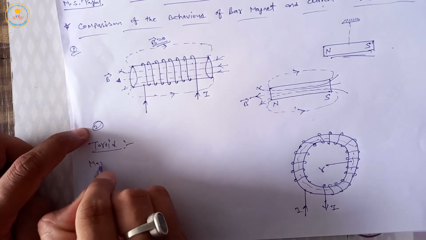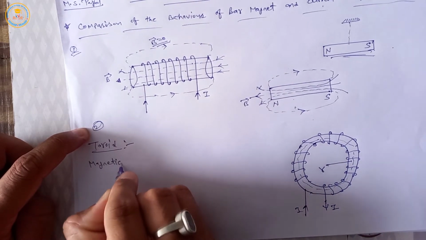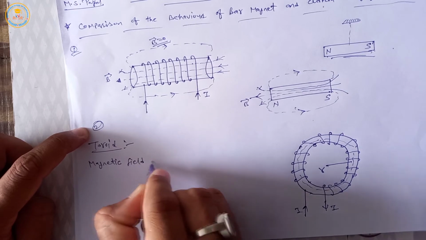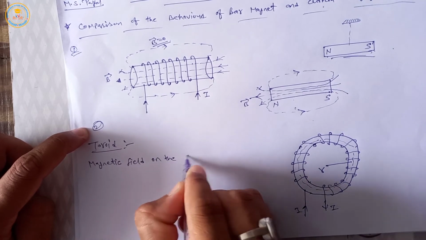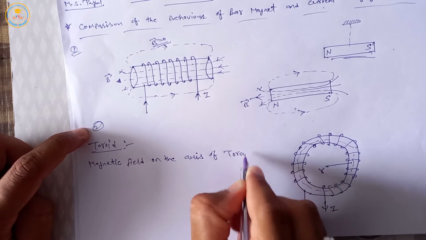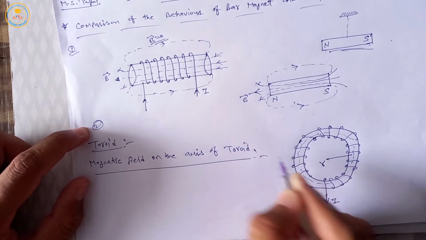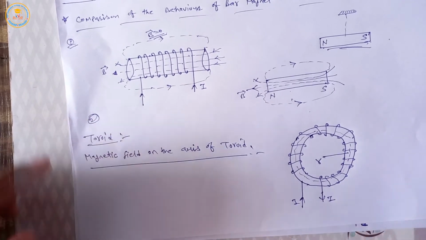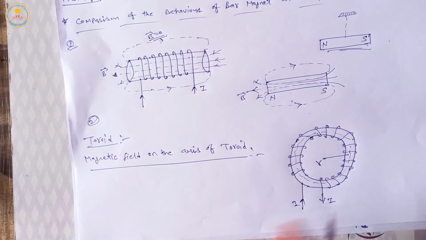Now the next topic is the magnetic field on the axis of a toroid. For this derivation, suppose we have a toroid of radius small r.